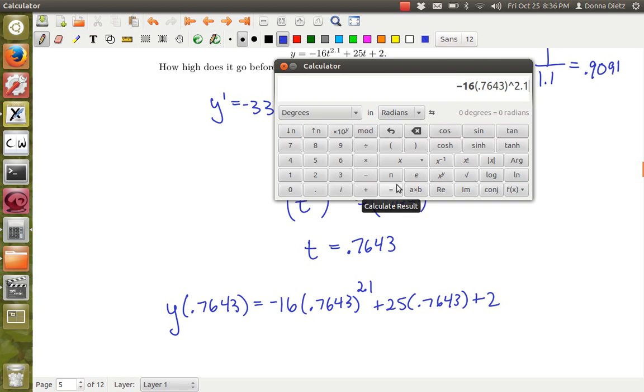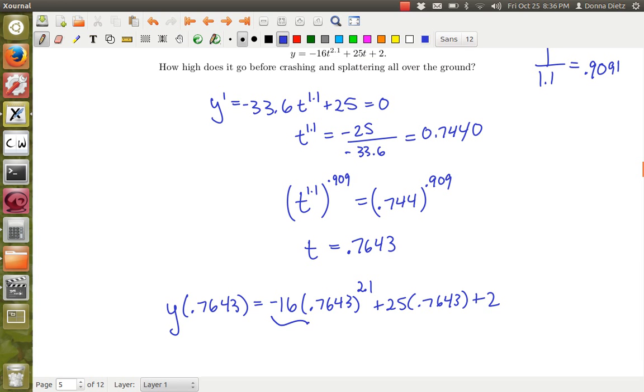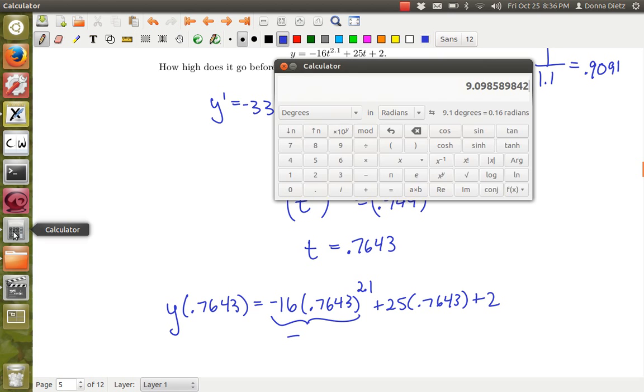To zero this out, I just say times 0. Alright, I'm going to go 16 times 0.7643 to the power of 2.1 equals, this piece is going to be negative, what was that, 9.099, I'm just going to call that 9.1.